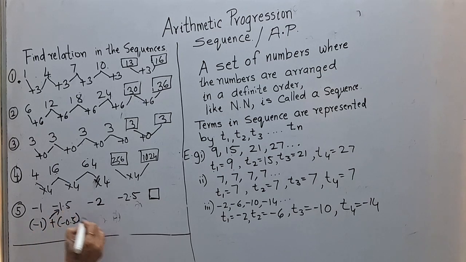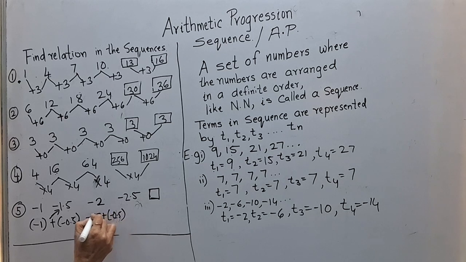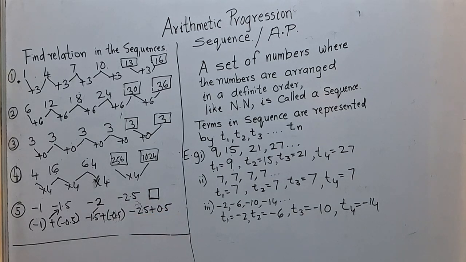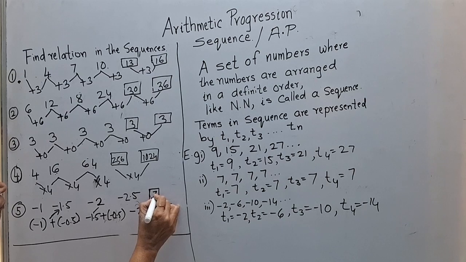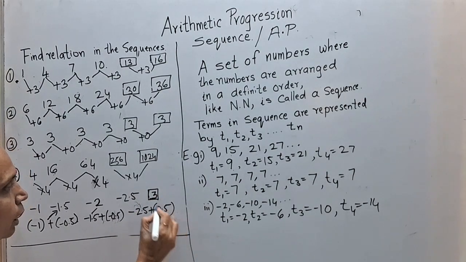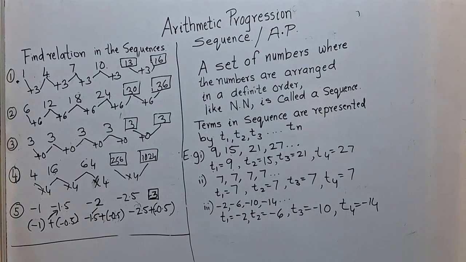Again here, minus 1.5 plus minus 0.5, I will be getting minus 2. Again here minus 2.5 plus minus 0.5, I will be getting what? Minus 3. Both are minus, you are going to add with the minus sign. So I will be getting minus 3.